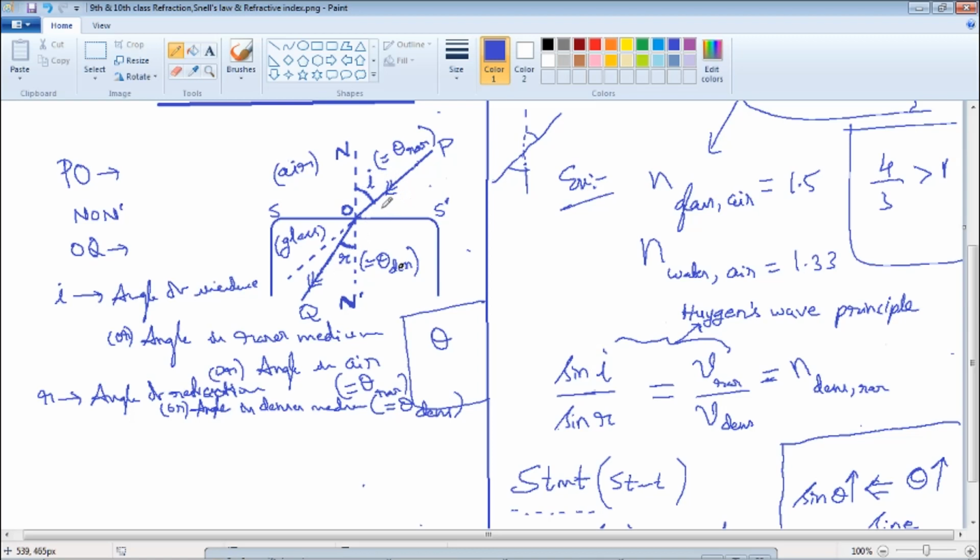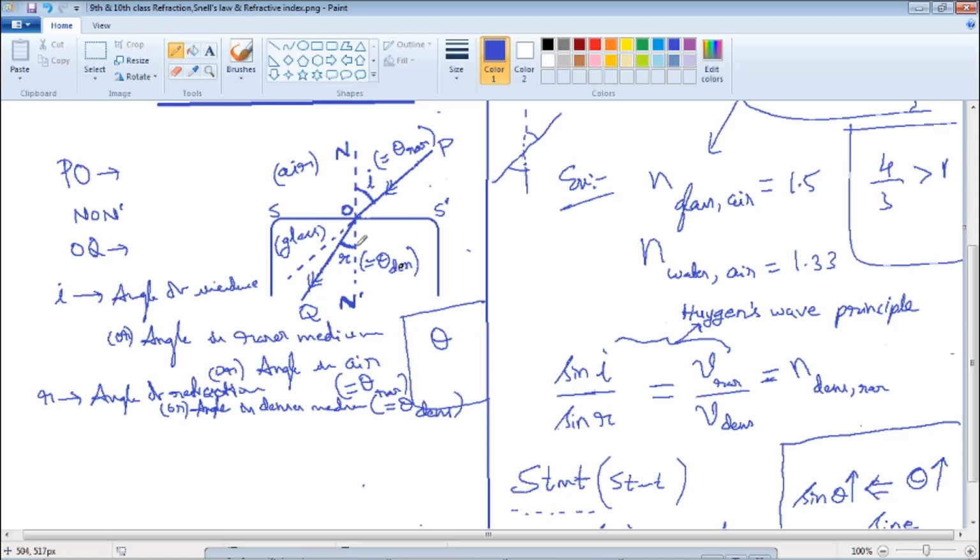For example, when i is 60 degrees, r is slightly less than 60, it can be 50. When i is 80 degrees, r is always just less than i, so it will be 70. That means i is changing, r is also changing. So these two are really variables.